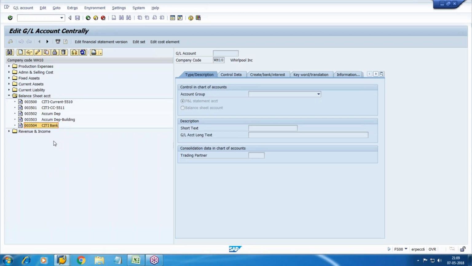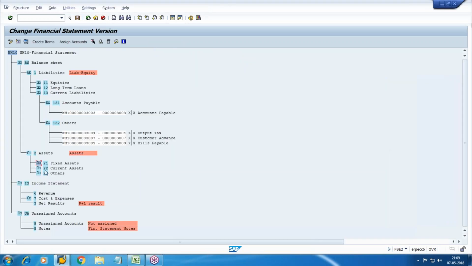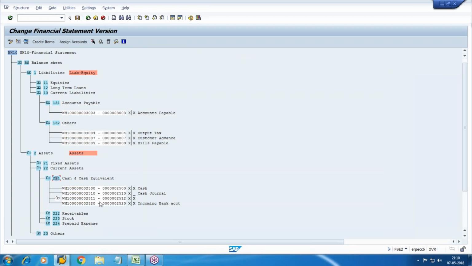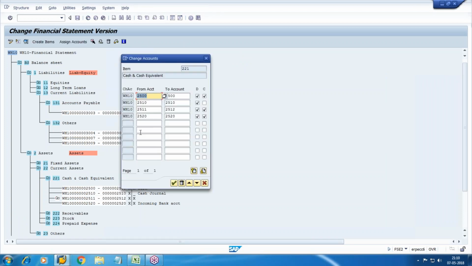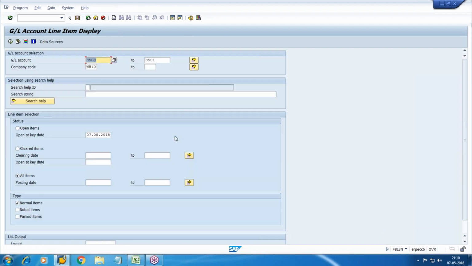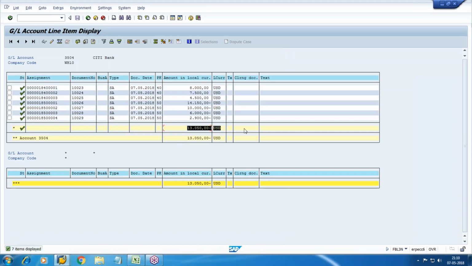This is your main bank. Here some balance should be there. So go to current asset, cash and cash equivalent, assign account. Whatever the balance will be there after reconciliation only in this account. So maybe debit balance or maybe OD credit balance. Check this account once, 3504. Okay, here some balance is there after reconciliation.